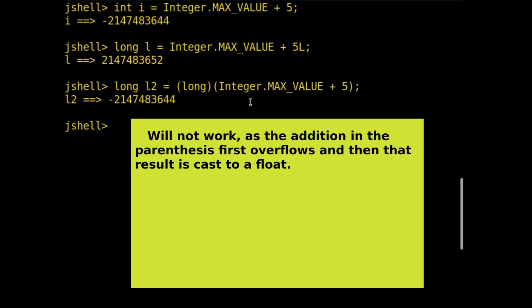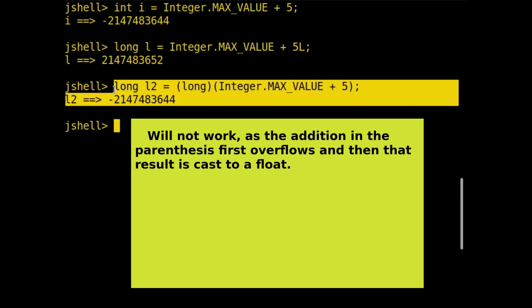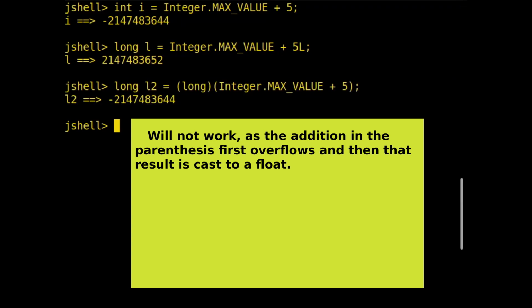One should be aware of this, because what's happening here is that the arithmetic expression evaluates to an int by default, and it overflows, and then it's cast to a long. So this won't work. You need to convert one of these into a long, like I did here, where I used the long literal, the L suffix. Otherwise you may think that you've converted it to a long, and it still overflows.